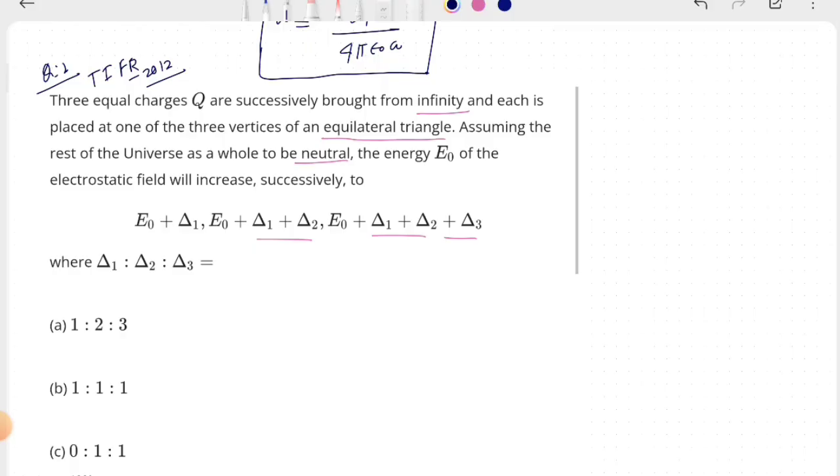First of all, the equilateral triangle, and let us take each side as A. We take charge Q from infinity to points 1, 2 and 3. In that case, the work done is 0.